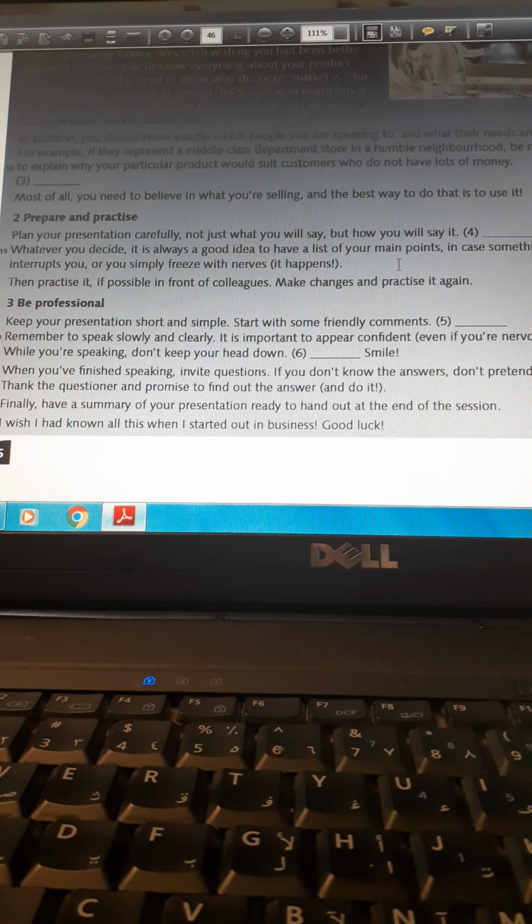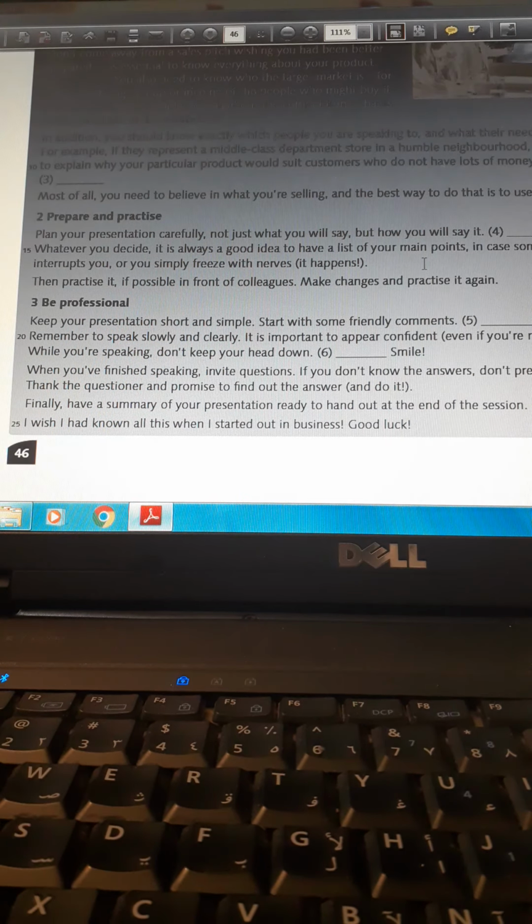Most of all, you need to believe in what you're selling, and the best way to do that is to use it. So the best way to market a certain product is to use it. I think you have noticed this when you go and shop in a Nike shop or Adidas shop, you would see and notice that all the salespeople in the shop are wearing the Adidas or Nike products, right?